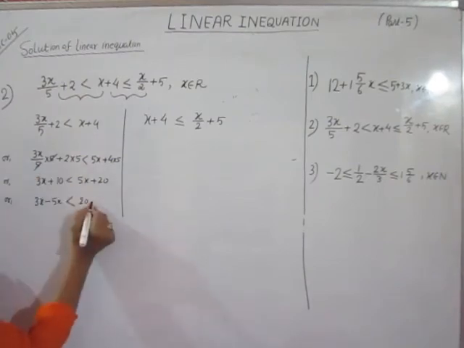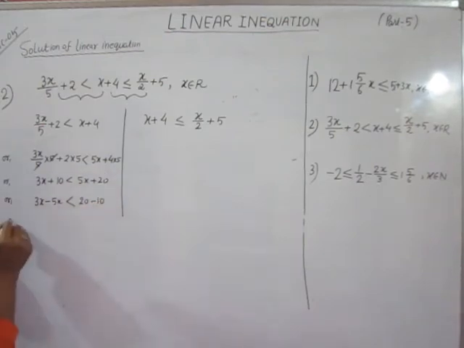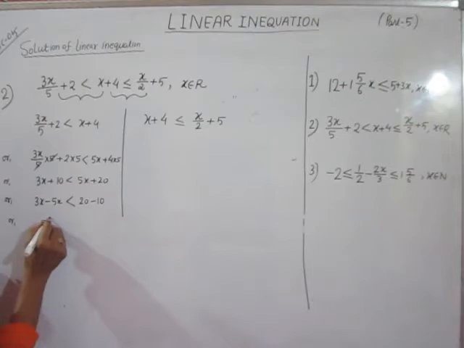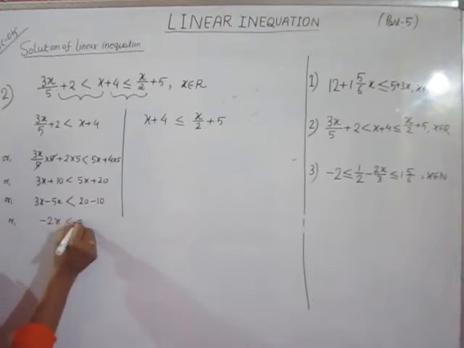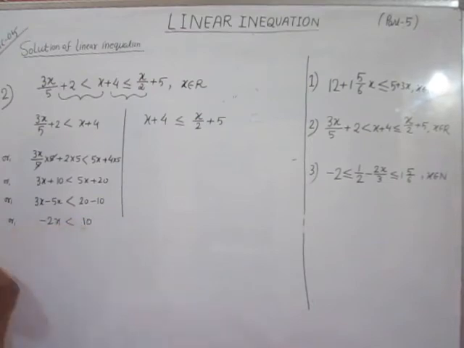Now shift 10 to that side, so this plus 10 will become minus 10. So it is −2x < 10. This is our second step. In the third step, we have to remove the coefficient of x. After removing this minus 2, you will get the value of x.